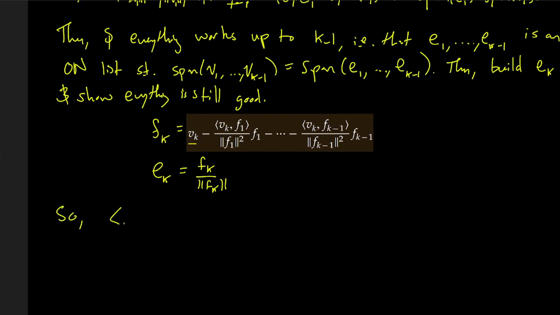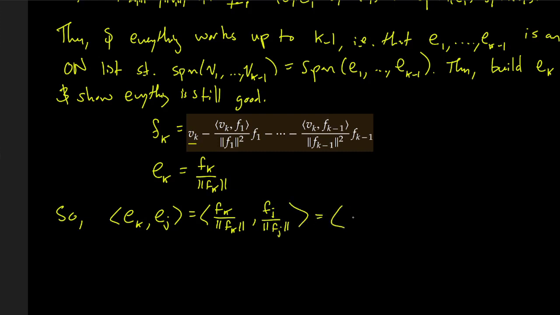So, watch this. EK, EJ's inner product, well, just write out what each of them is. This is FK over norm FK, inner product with FJ over norm FJ, right?